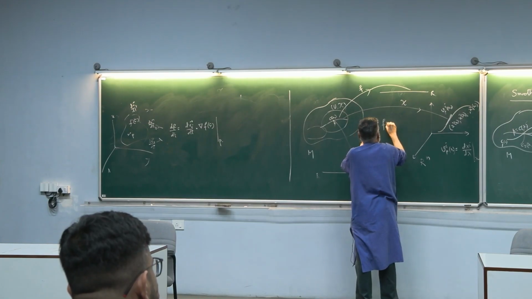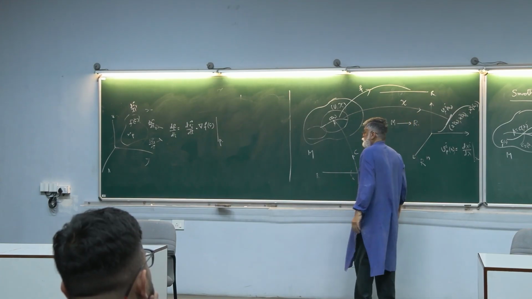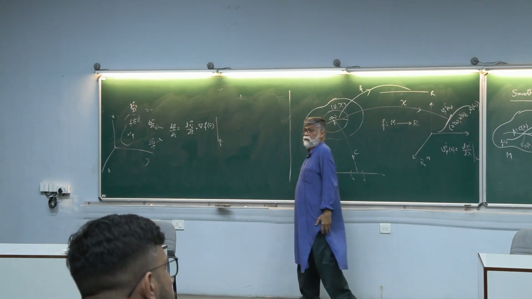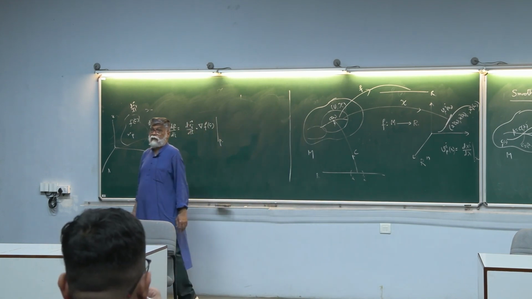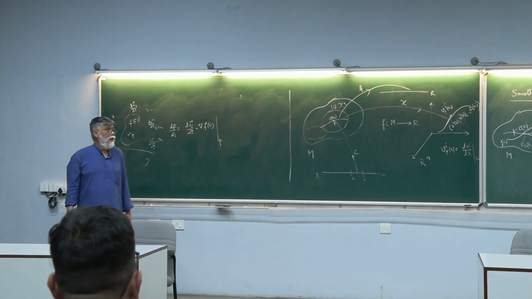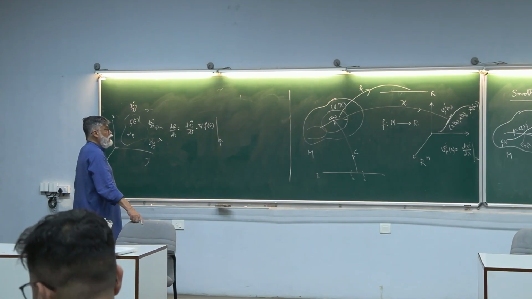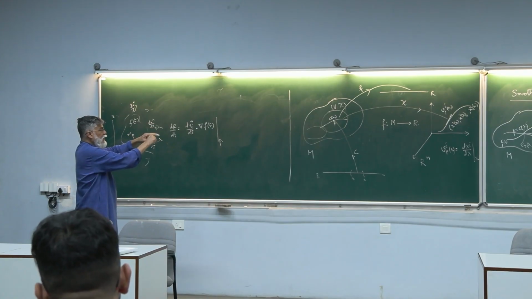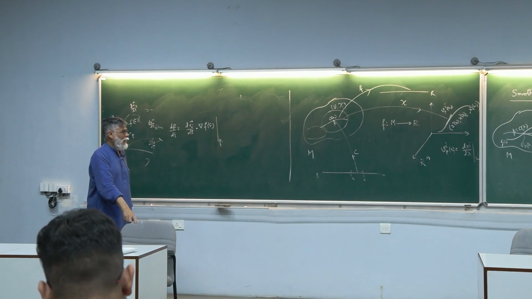F is the mapping from the manifold, differentiable manifold M to R. Okay. So, what does f do? F takes a point P belonging to the manifold and maps it to the real number R.